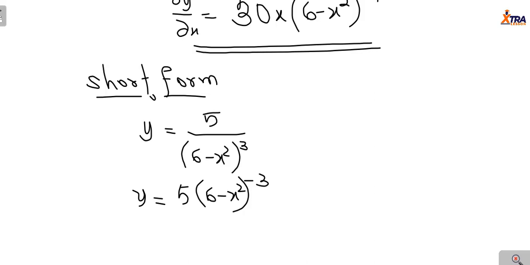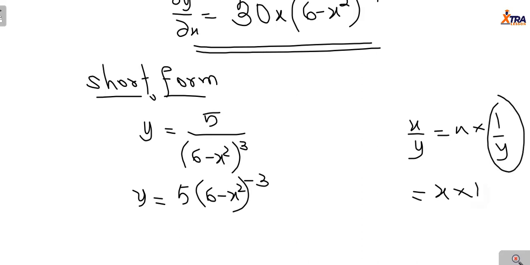This is just like when we have x over y, I can break it as x times 1 over y, which we can put in index form as x times y raised to power minus 1. So it's similar to what we have here.